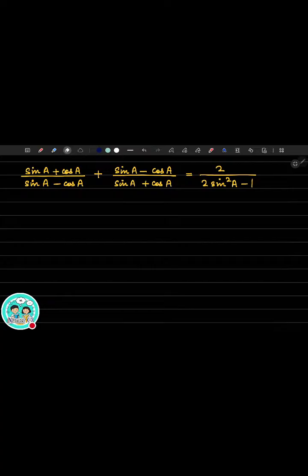Let's take the LCM. The easiest way is to take the LCM. So take the LHS. I'm directly doing it. The LCM is nothing but (sin A minus cos A) multiplied by (sin A plus cos A). So what do you have in the numerator? You already have (sin A minus cos A) multiplied by what will give you this term? Sin A plus cos A is missing.